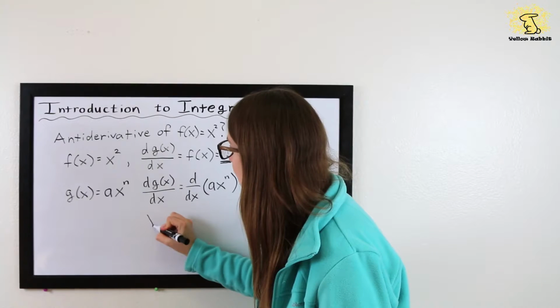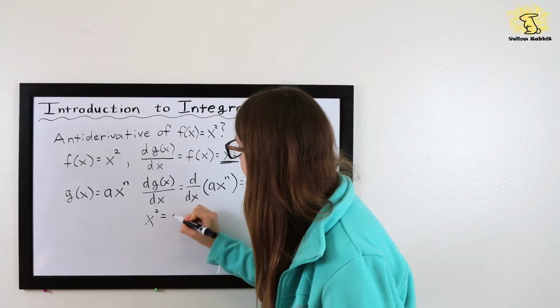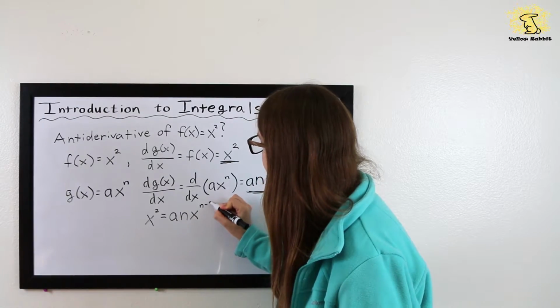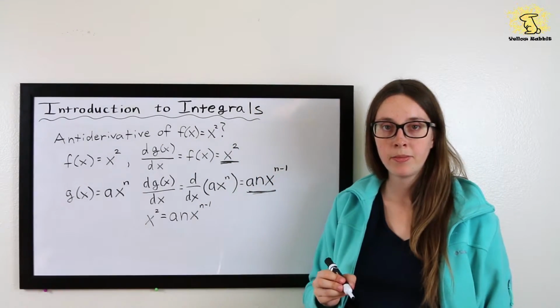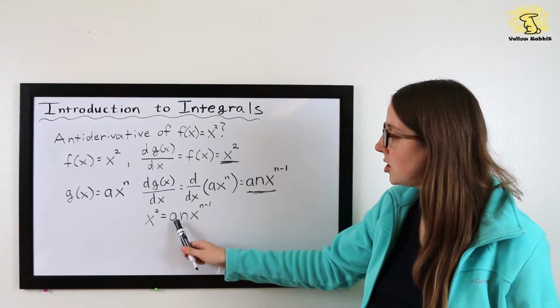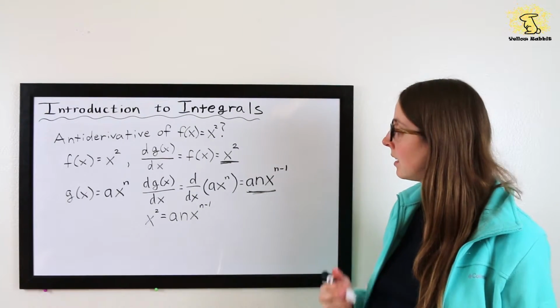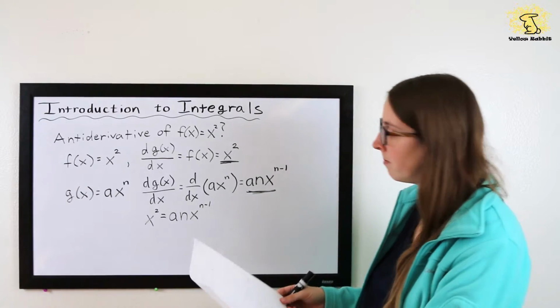So x squared must be equal to an times x to the n minus 1. We've now got two unknowns, constant a and the power n, that we'd like to be able to solve for.